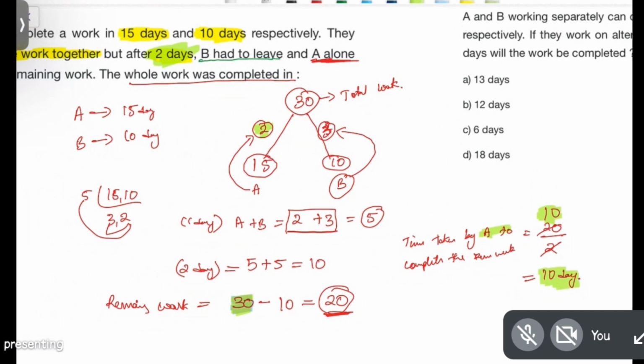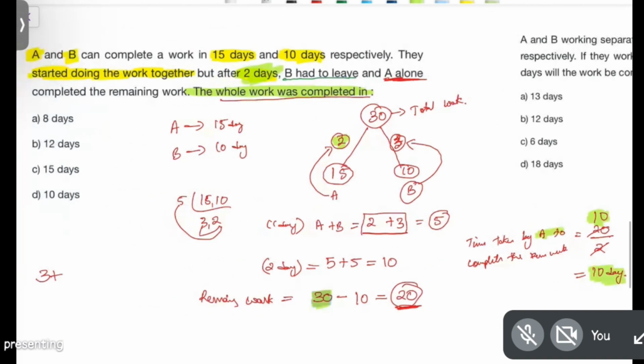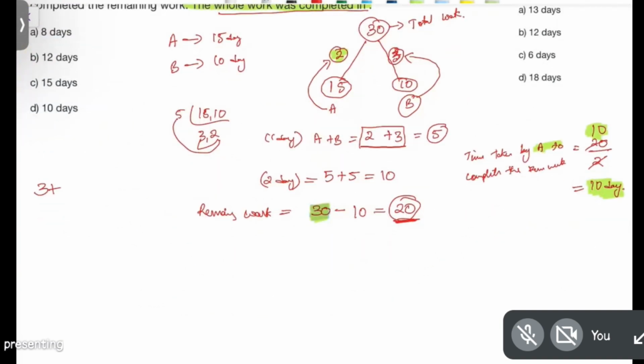Next is what is asked: the whole work was completed in how many days? A and B worked together for 2 days earlier, plus A alone worked for 10 days more, which means we are getting... not 3 days, right? I'm making the same mistake again.